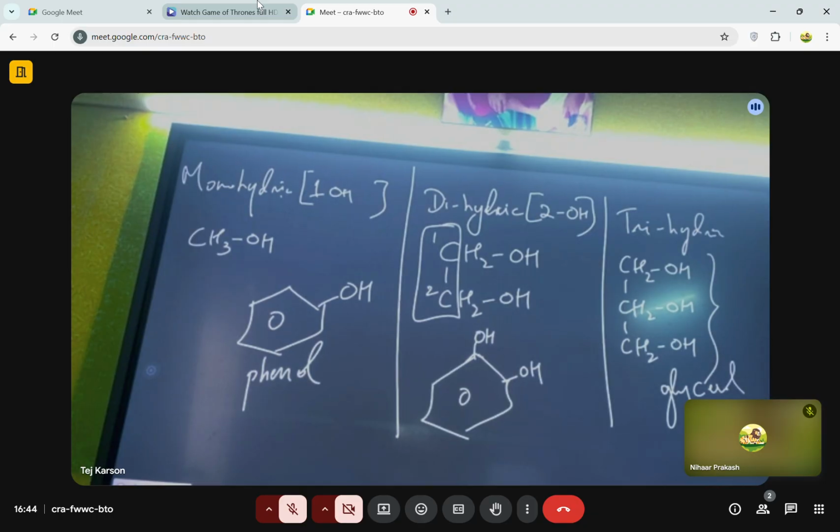Glycerin will be a product of this. What do we use glycerin for? It's used like instant tears. Glycerin burns, and you've seen actors crying on screen.